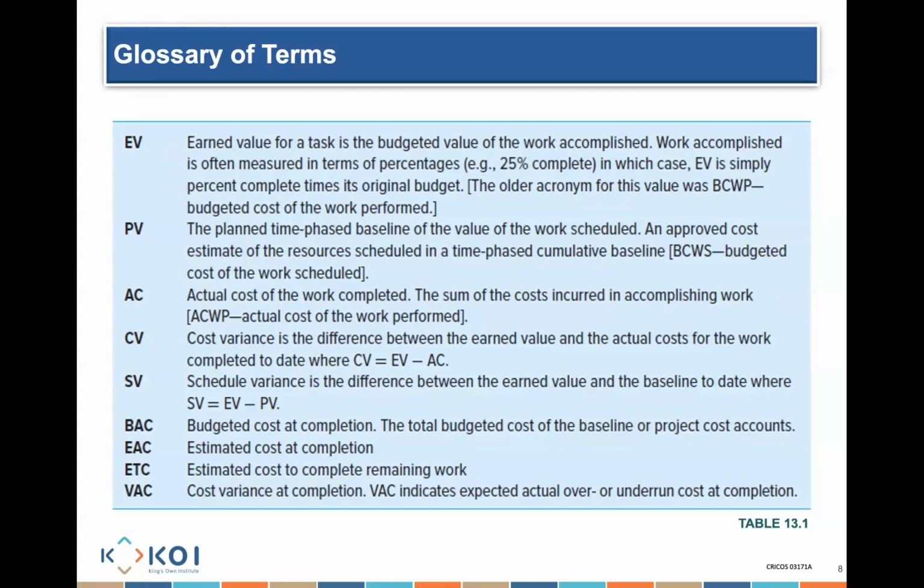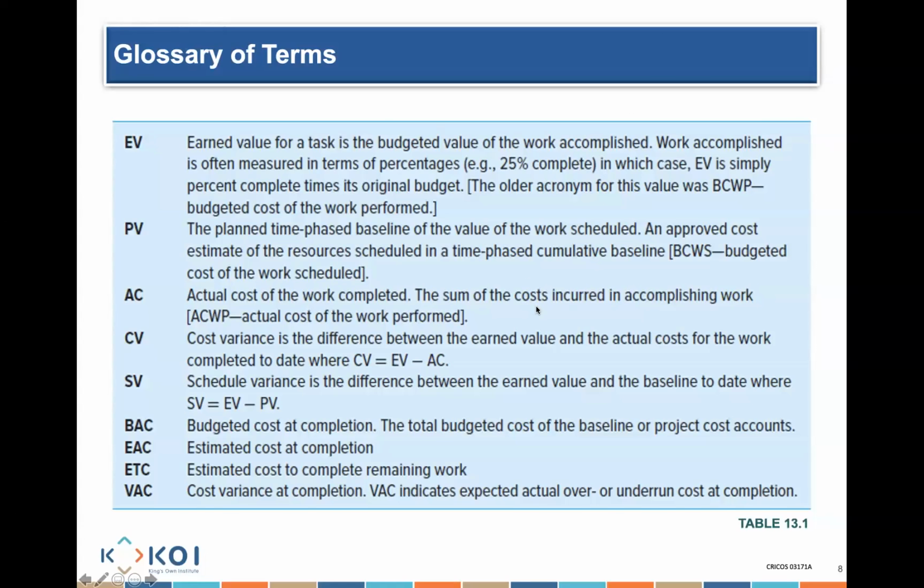We basically make that calculation, my actual cost compared to what I had planned something was going to cost me. Any question on that by any chance? Because we need to now start talking about exercises and calculations. Any questions? All good, sir.